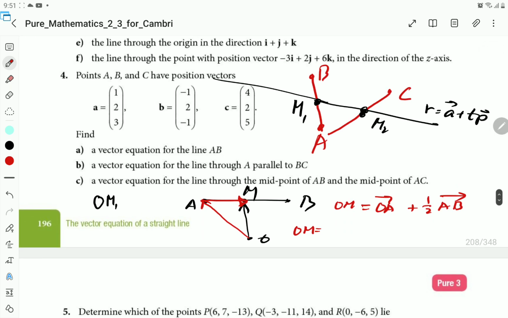There you go. So which is equal to OA, which is 1, 2, 3, plus 1/2 of AB, which is OB minus OA. So negative 1 minus 1, 2 minus 2, negative 1 minus 3.